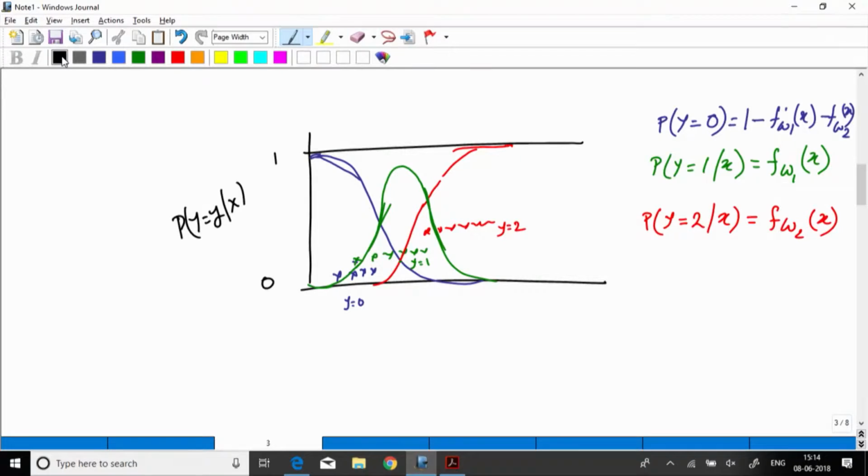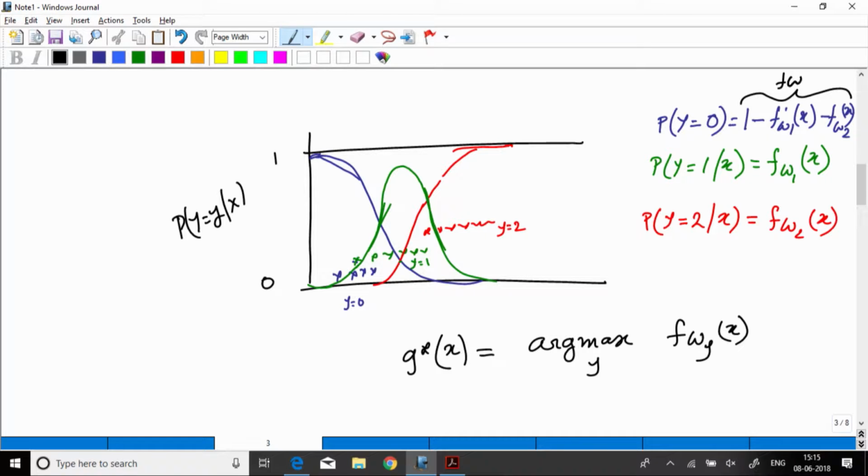So g star of x is given by the arg max over y of f_wy of x, where we can assume that w_0 of x is equal to 0. This will be your prediction on the test data.